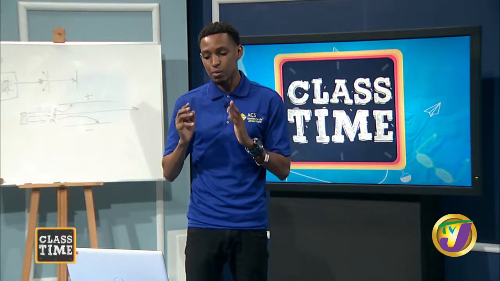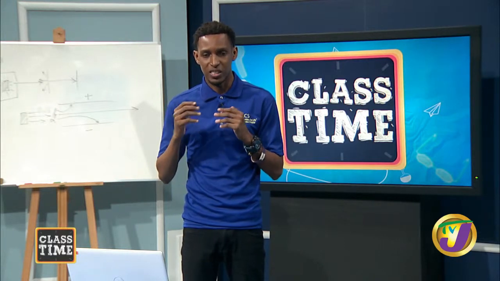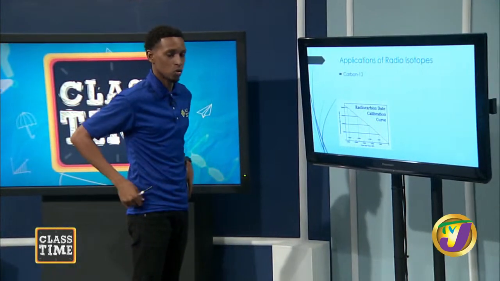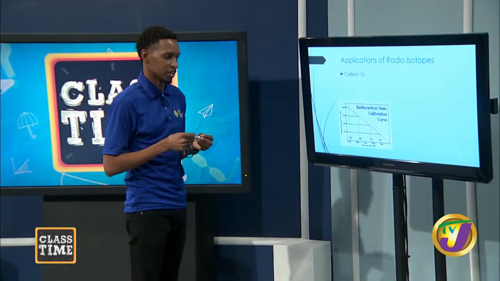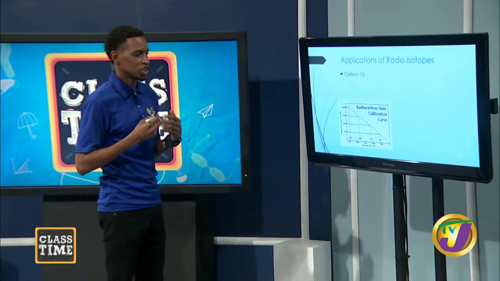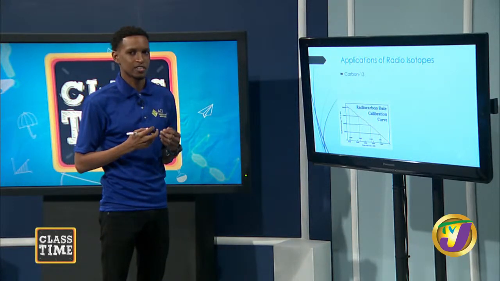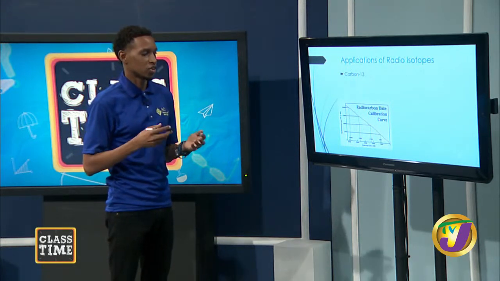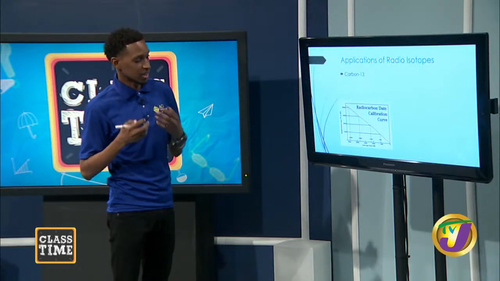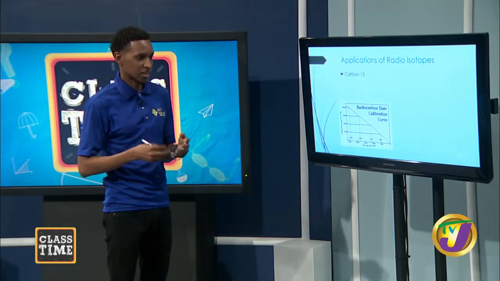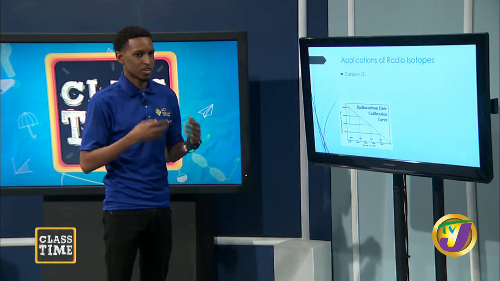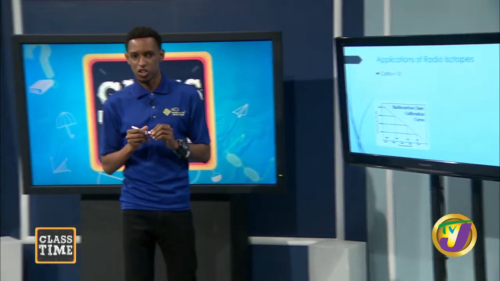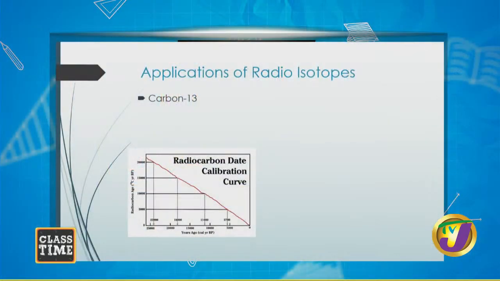Now, the time it takes for carbon-13 to halve its mass is about 11,400 years. So the geologists studying these artifacts would dig up these artifacts and realize that this artifact has a specific mass of carbon-13.